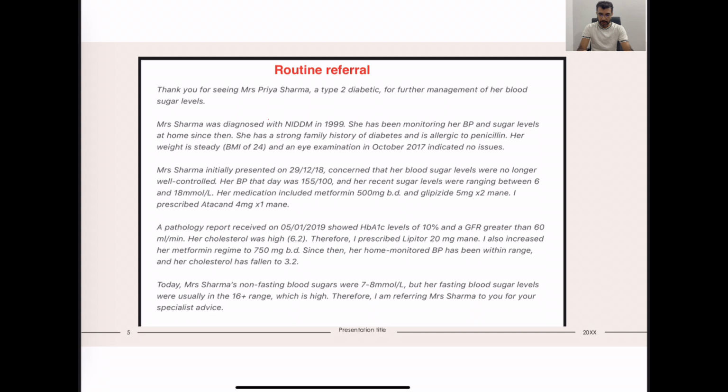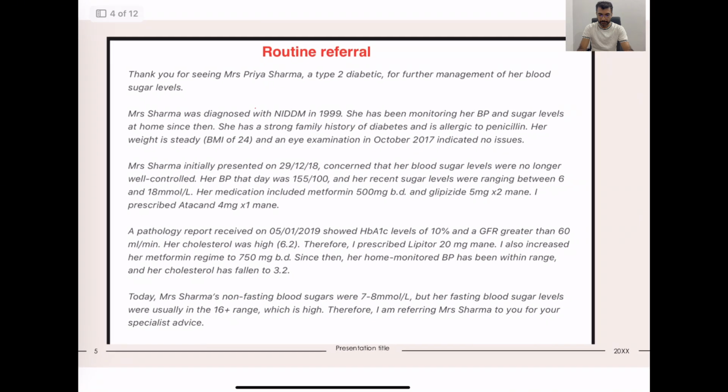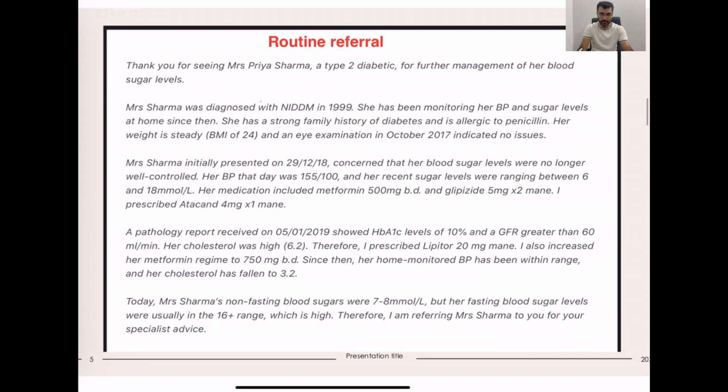So this is a routine referral. You can see here, first thing is introduction. Thank you for seeing Mrs. Priya Sharma, type 2 diabetic, for further management of her blood sugar levels.